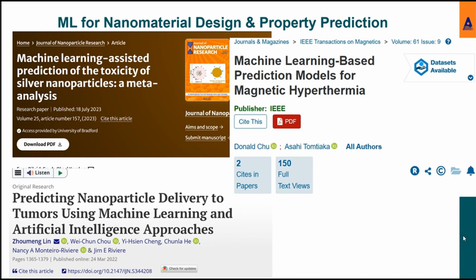For those using classification, they apply a threshold. If the toxicity is less than 50%, that means it is non-toxic in nature. If it is greater than 50%, that means it is toxic in nature. So we can apply either a regression or a classification approach, and there has been a lot of work ongoing using machine learning for this purpose.